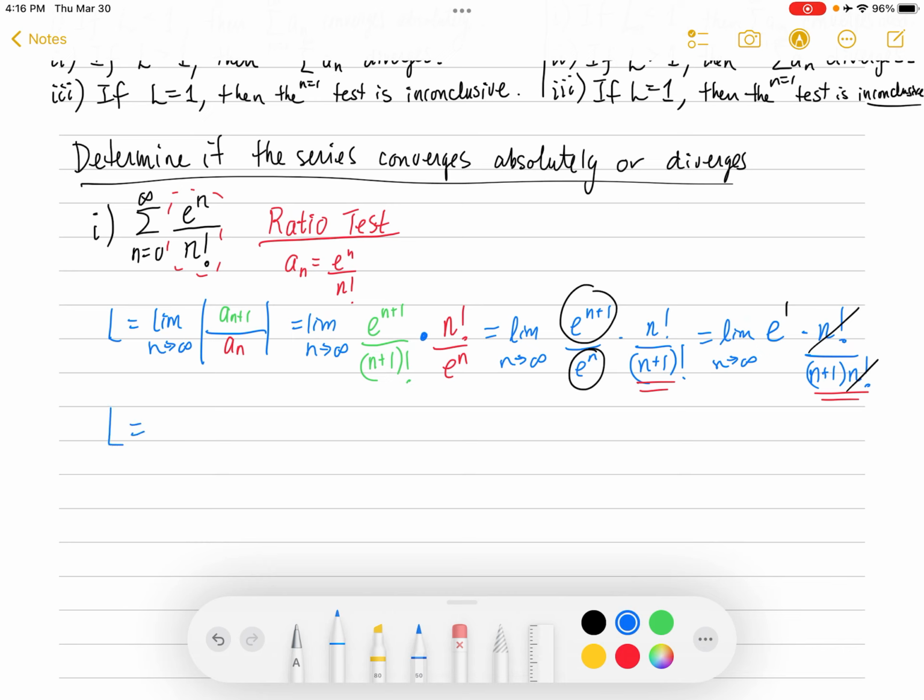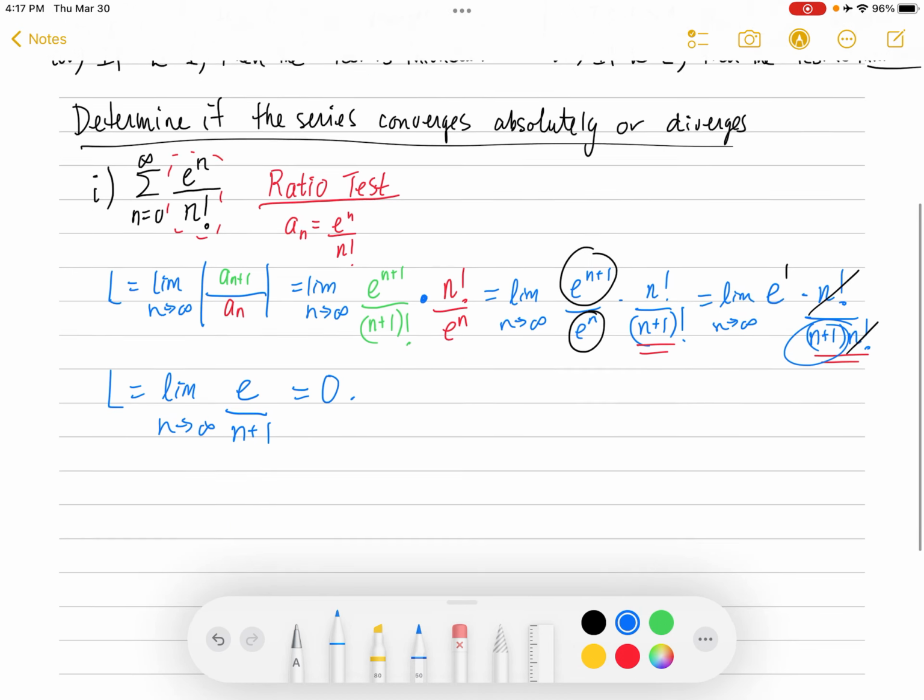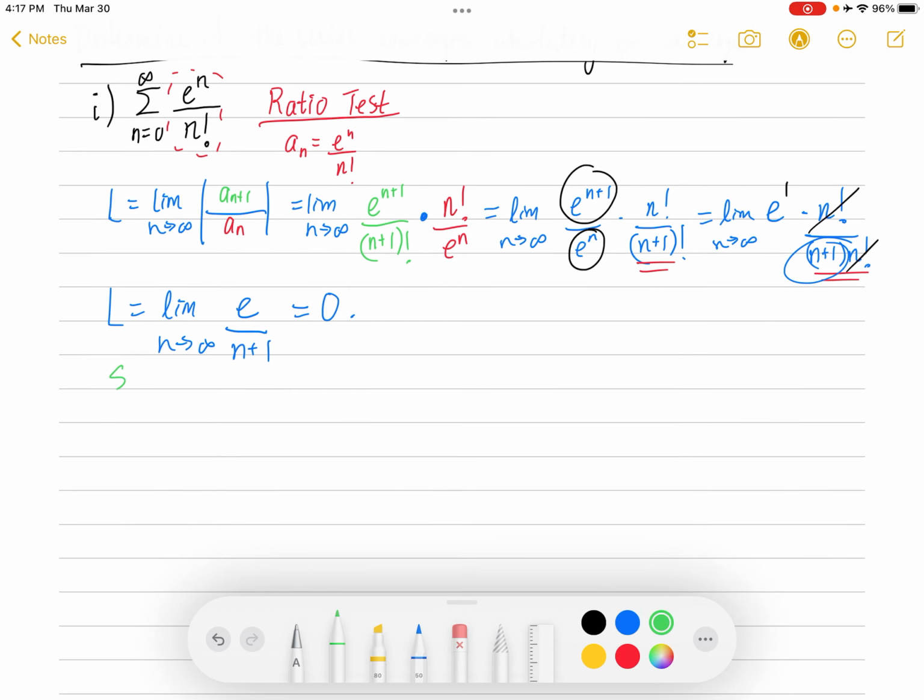So the n factorials cancel. So I end up with L being the limit as n goes to infinity of e over n plus 1. Now, e is just a constant, but n plus 1 is getting bigger and bigger and bigger, so the whole term goes to 0.